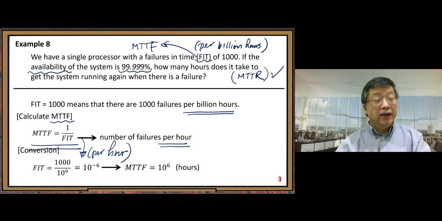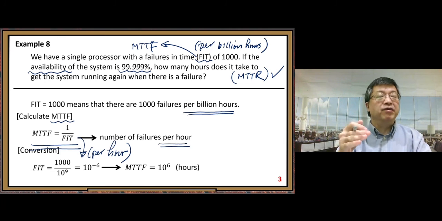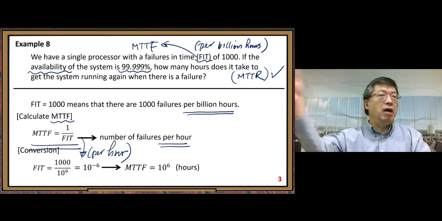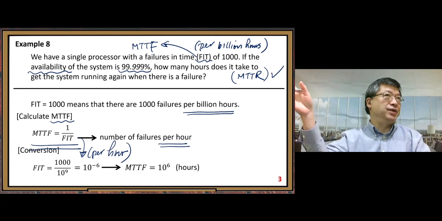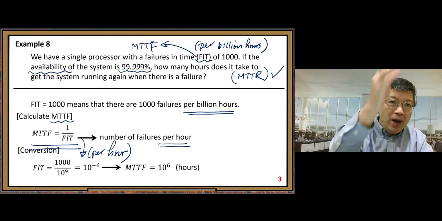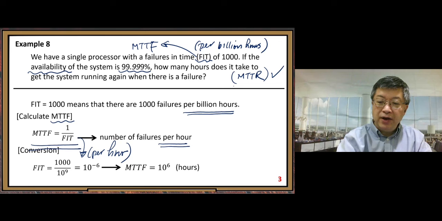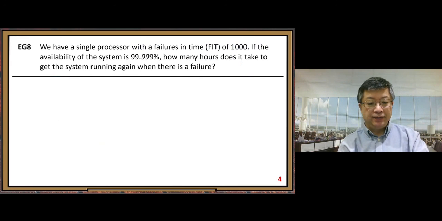Now you do the reciprocal, so you get MTTF of 1 million hours. MTTF, that's 1 million hours. Next, using the availability formula, you can find MTTR. All right, let's continue.